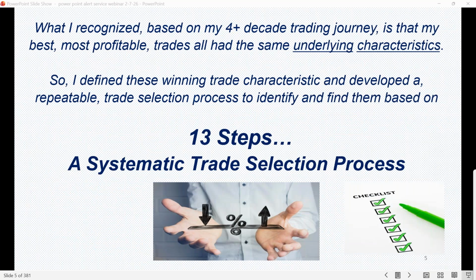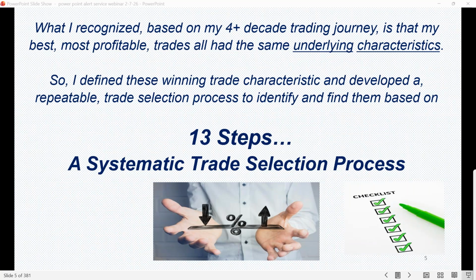Based on my 4-decade trading journey, I recognize that my most profitable trades all had some of the same underlying characteristics. What I did, and this is a really good process for everybody here to do, is go back and look at all your winning trades and even your losing trades.